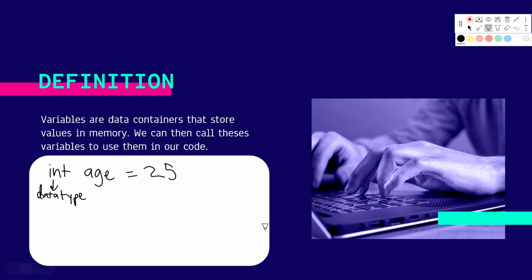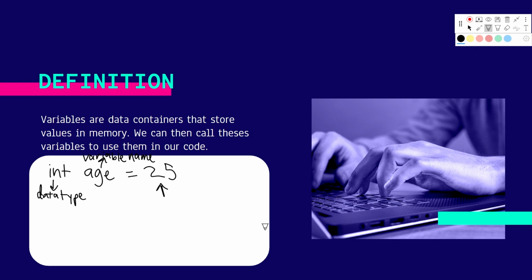We have age. Age is the variable name. So the variable is called age. We could write anything else, just like distance or apple or house, anything. But here we have age as a name because that's what makes sense for this example.